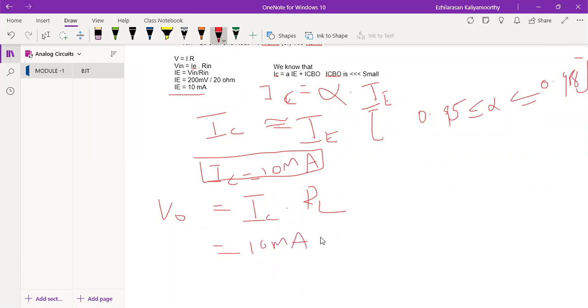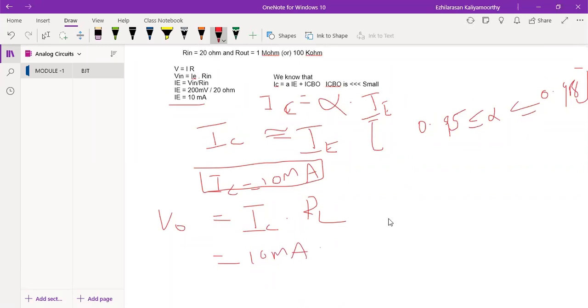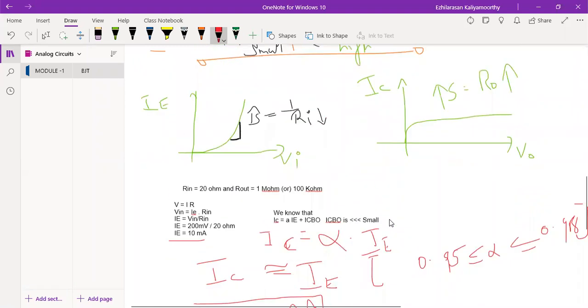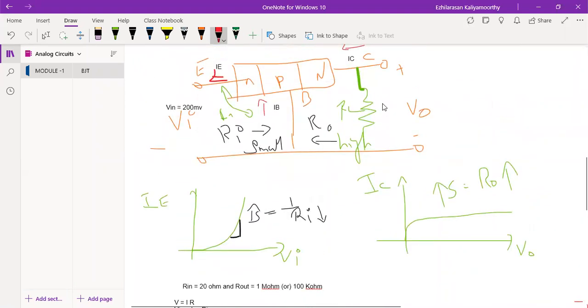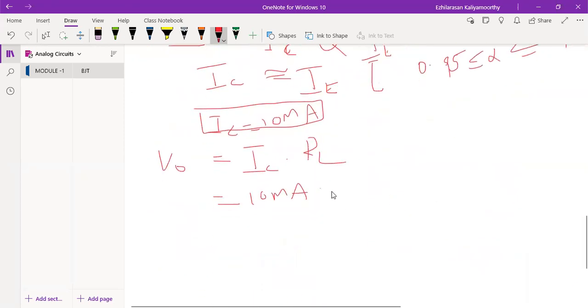Let us consider RL as 5 kilo ohm; we just assume this. Normally the load resistance will be a high value. So 10 milliampere into 5 kilo ohm is nothing but 50 volt. That is V naught.